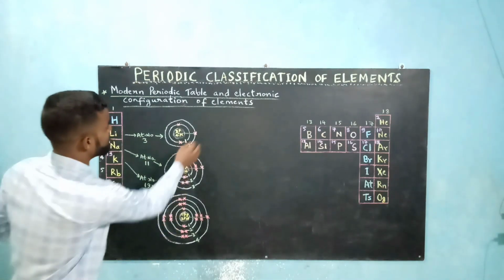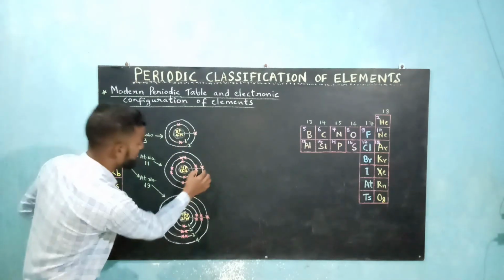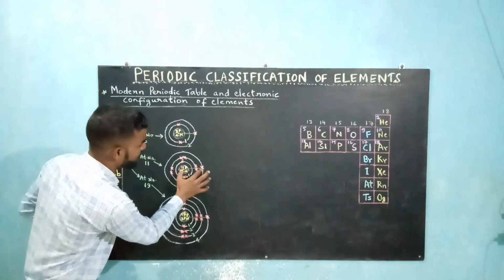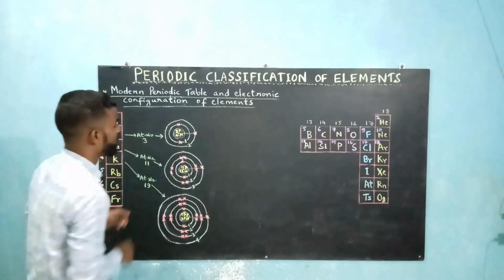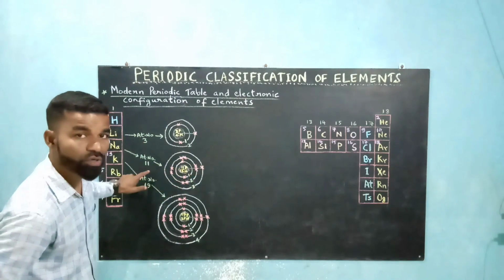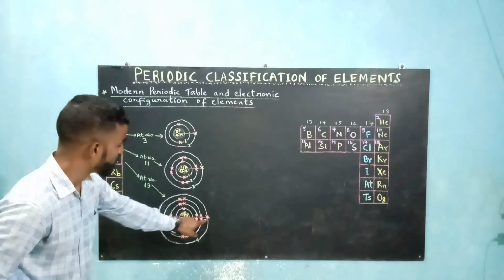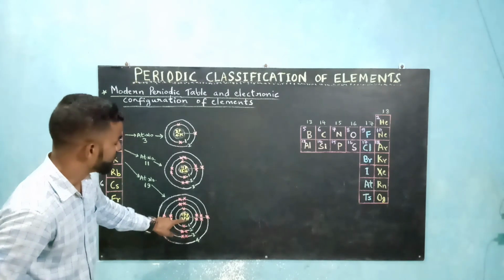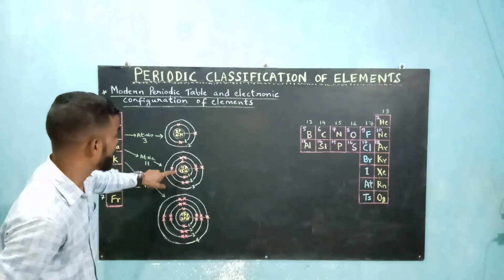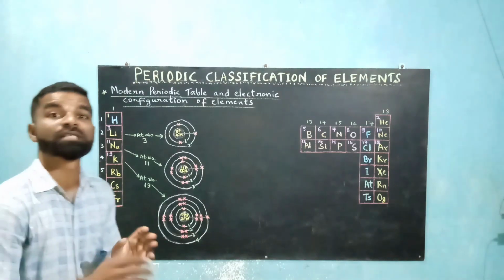This increases the distance of the valence electron from the center of the atom. The distance of the valence electron from the center of the atom for sodium is more as compared to lithium, and for potassium it is more as compared to sodium and lithium. So potassium is more reactive.